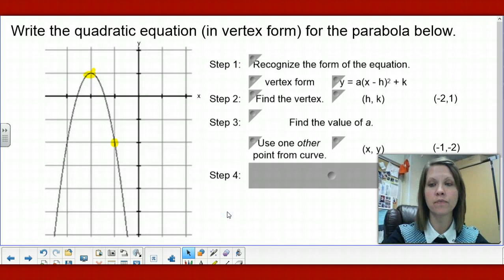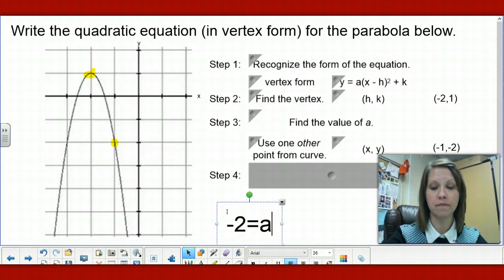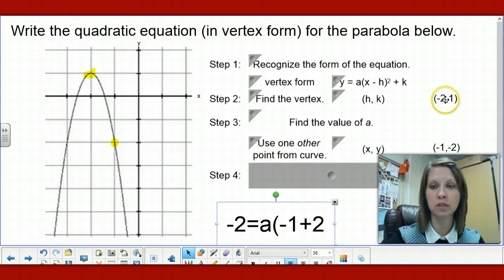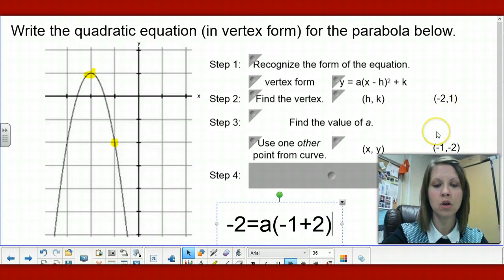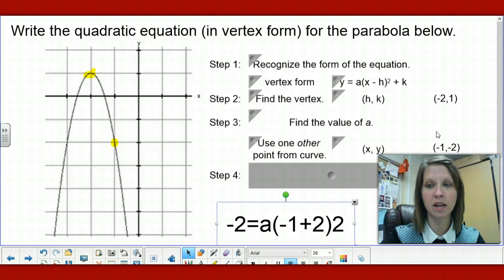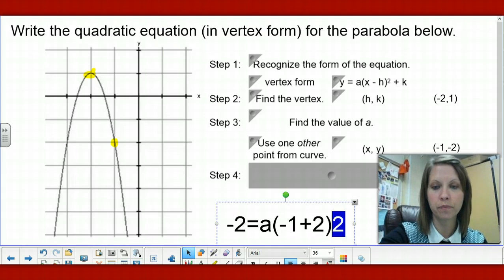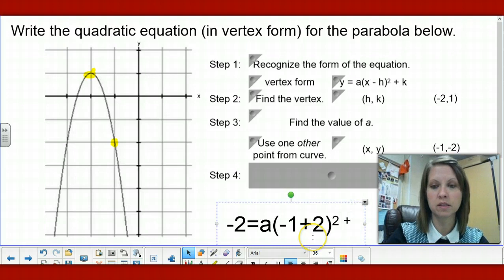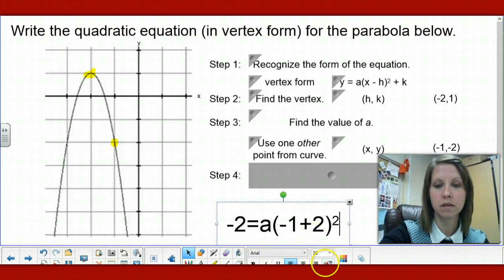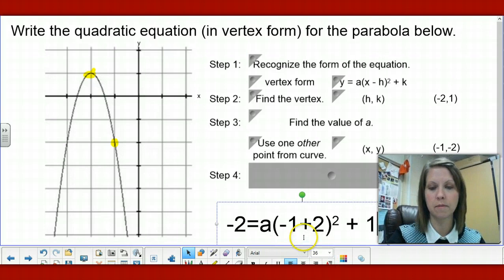So let me write that out for you. -2 equals a times (-1, this is the x from the point we just found, minus h is really plus this 2) squared. I'm going to raise that up in a second. I'll do it right now. And then plus k.